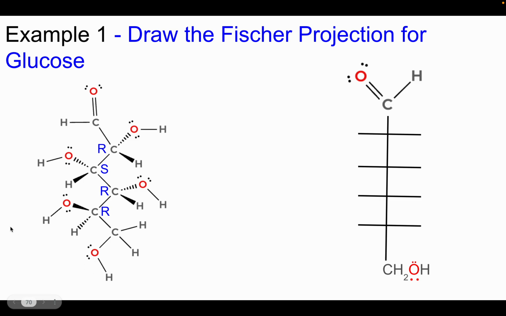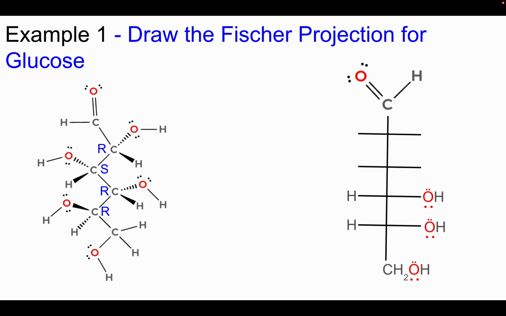Okay, and then we're going to start with that carbon at the bottom, which is R, and so we'll draw our OH group going to the right. And again, that tells us that our molecule is in a D configuration.